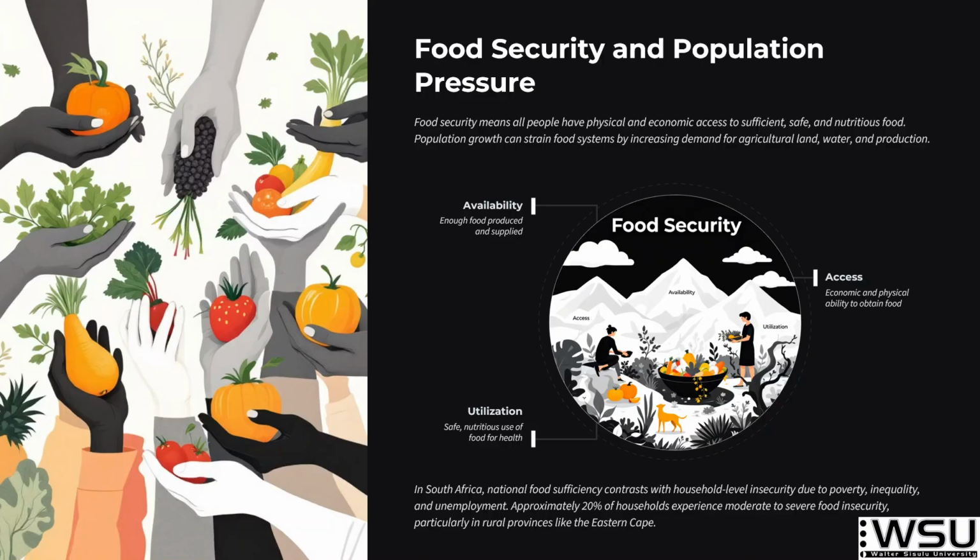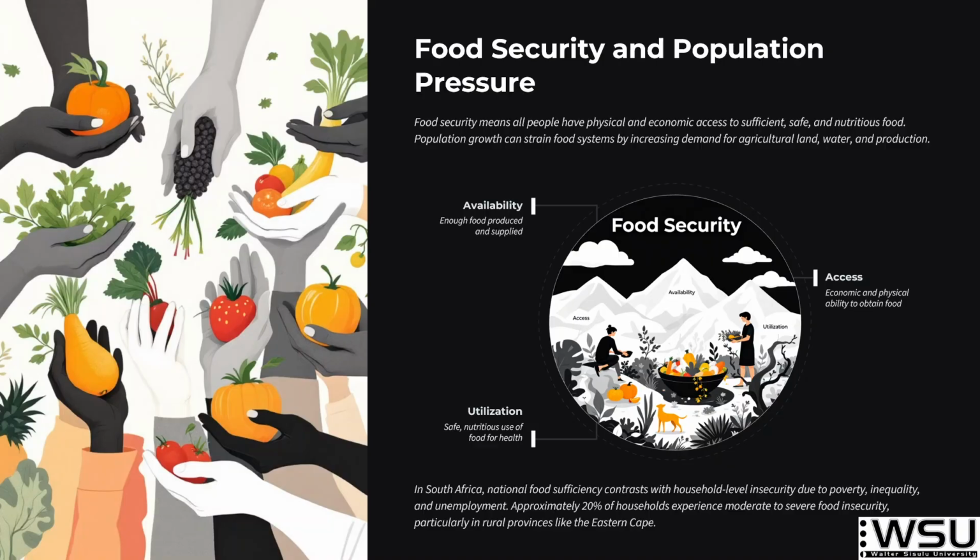The problem is other things, determinants, that are leading people not to have access to the resources. So it's not like the population growth is causing lack of resources. No, there are intermediary issues that we need to deal with, like economic and physical ability to obtain the food.